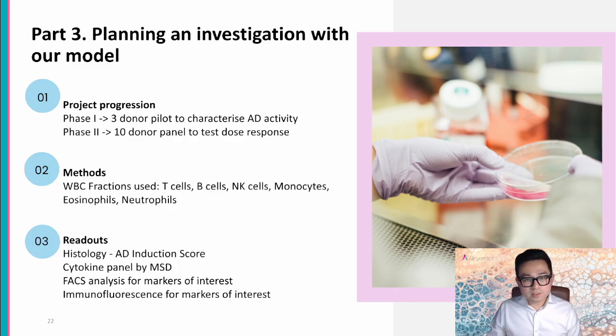Methods for immune cell collection can include harvesting of the whole white blood cell fraction, including T cells, B cells, NK cells, monocytes, eosinophils, and neutrophils. And readouts are, as we discussed before, the histology AD induction score, a cytokine panel, FACS analysis for the markers of interest, and immunofluorescence for the markers of interest.